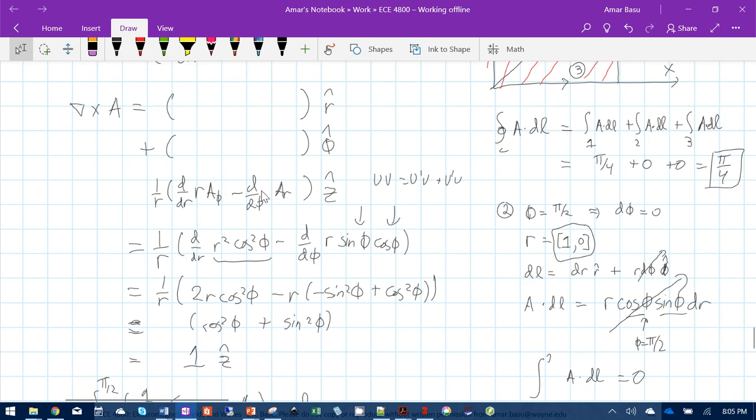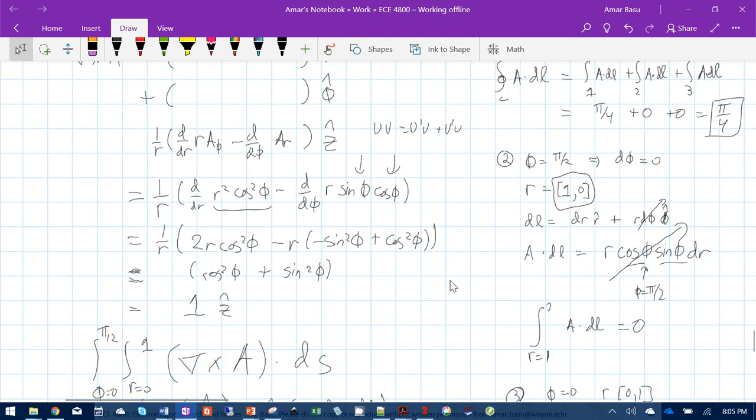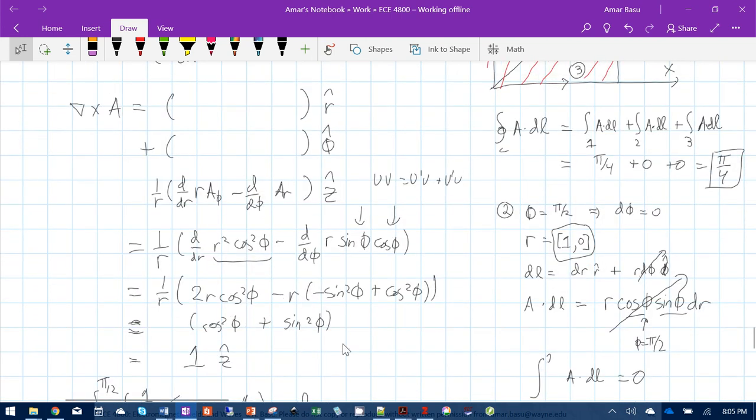So I didn't even bother writing them in because we were in a rush. There's only a z component, and when we solve for the z component, after a little bit of ugly math, we find out that the curl of A is just 1 times z hat.